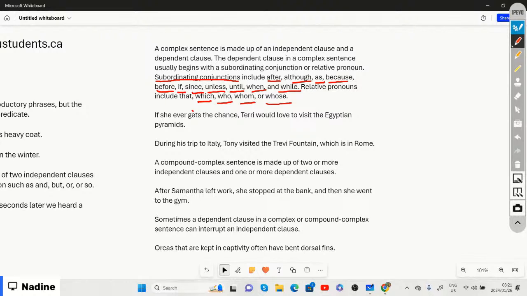So after Samantha left work, she stopped at the bank and then she went to the gym. And when we look at that sentence, right, sometimes a dependent clause within a complex or compound complex sentence can interrupt an independent clause.